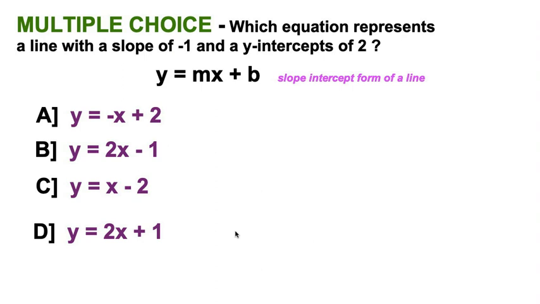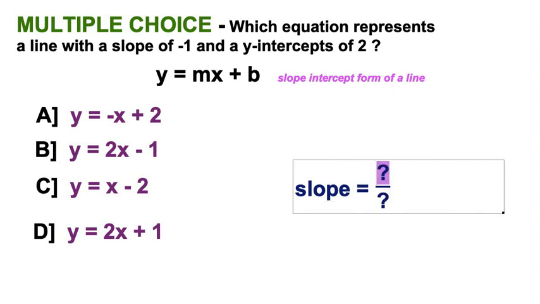Now let's see what's wrong with this equation. Let's correctly identify this one. If we have a slope of -1, remember what slope means. Slope equals rise over run.